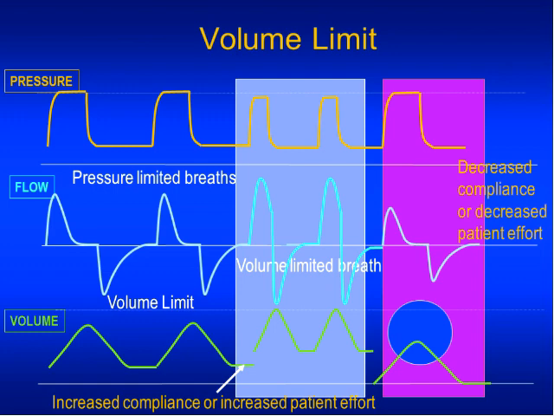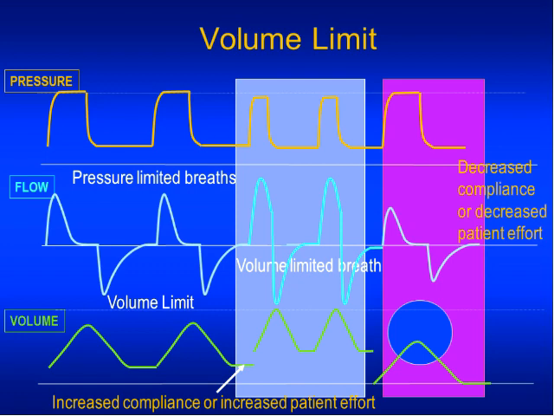The other devices, as I indicated, regulate the inflation time. So the way they work is you have a volume limit setting, and they basically are volume controlled ventilators. Here on the upper panel is your pressure waveform, the middle panel flow, and of course volume on the bottom panel. You're all familiar with these kinds of curves. As long as the volume does not reach the limit, everything is running as normal.